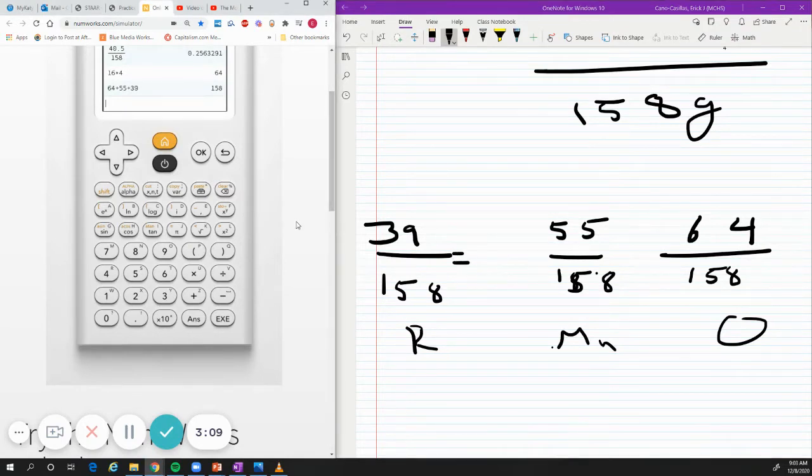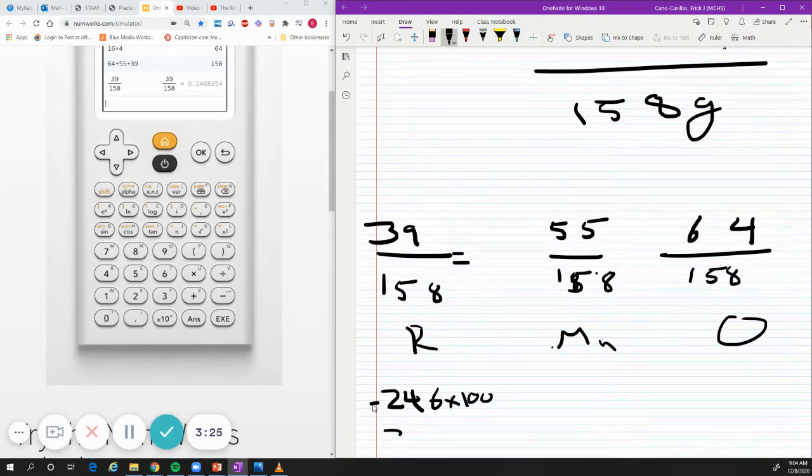In the calculator, 39 divided by 158, we get 0.24, but remember, we don't want this in decimal, we want it in percentage form, so we multiply by 100 and we get 24.6%.